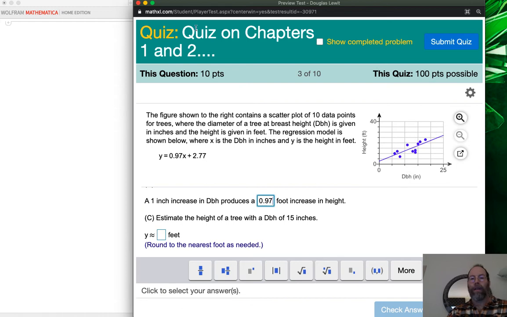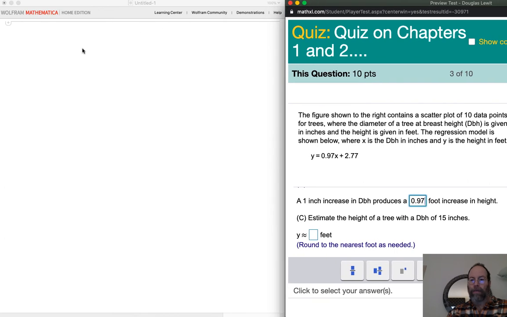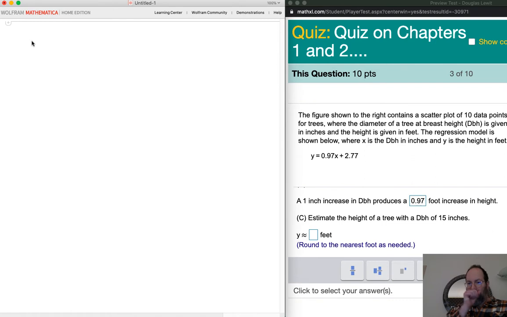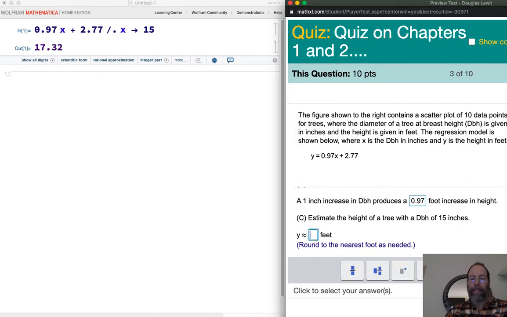Here, all we have to do is use the equation, 0.97 times x plus 2.77, and substitute 15 for x. Round to the nearest foot, so that's going to be 17 feet.